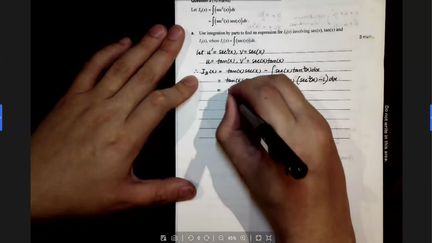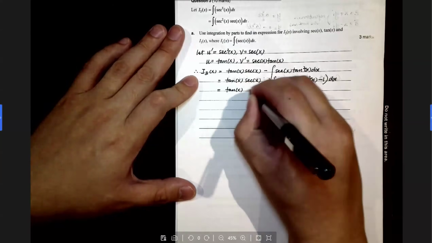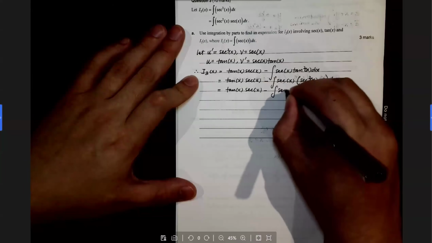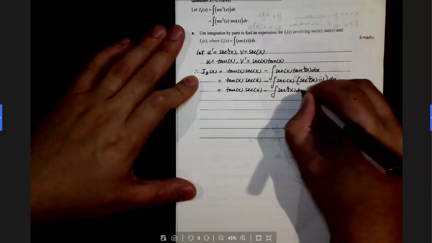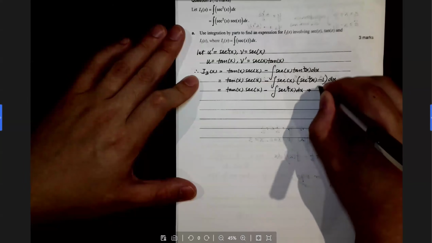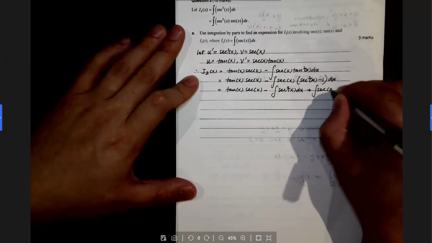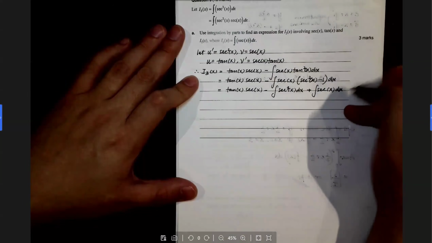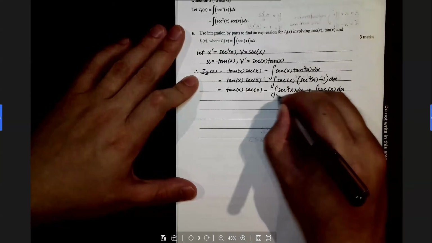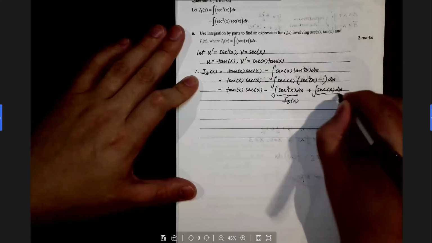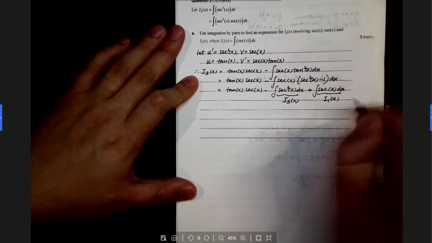And then I'll get tangent x secant x, subtracting secant to the power 3 x dx, and a minus times minus, that's a plus, plus secant x dx. So for each integral, you should write the dx. And then this term is my I3 of x again, and this term is my I1 of x.